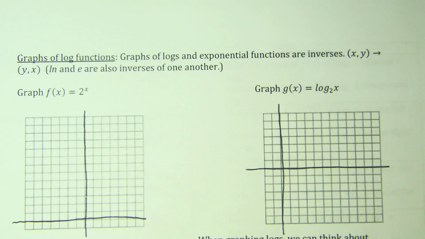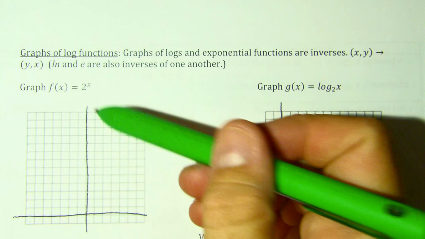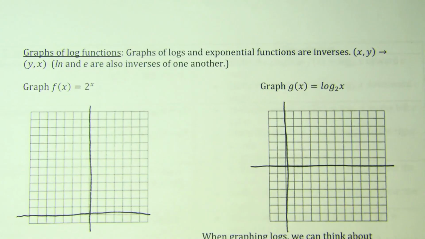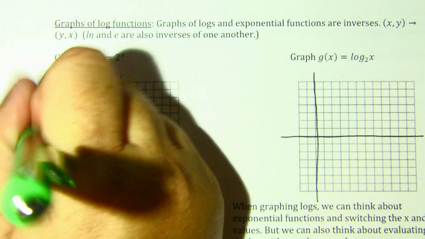What we're going to look at now is graphing logarithms. When we are graphing logarithms the first time, we're going to be using exponential functions, because we talked about that they are inverses of one another. Now back in the last video in part 7, we graphed this function. I'm just going to go ahead and make that table real quick.